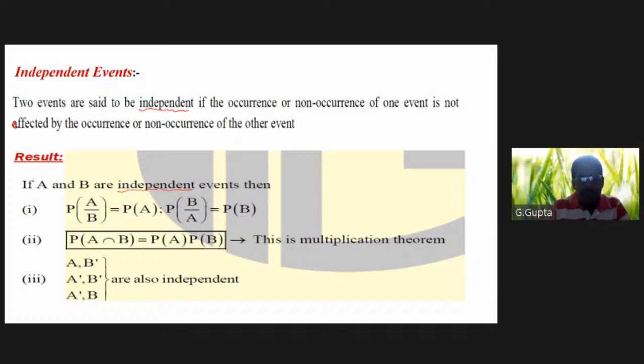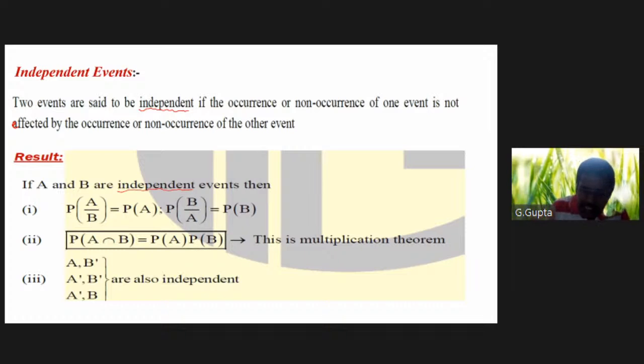Now, previous class, what is P of A intersection B? Probability that both the events A and B occur. That is given in the previous session, conditional events multiplication theorem: probability of event A happened multiplied with probability of the next event B happened, given that A already happened.